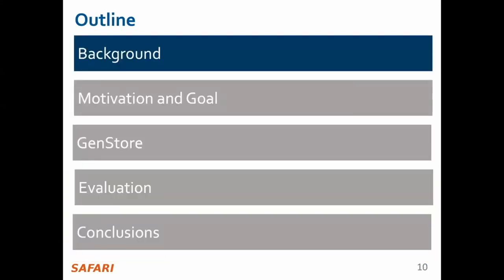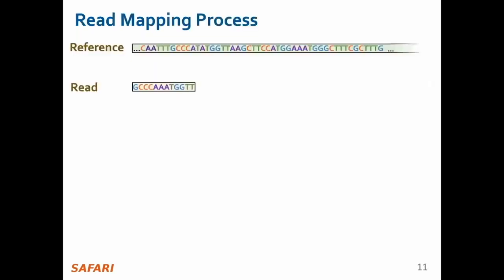Let's start with a deeper background on read mapping so that we refresh our knowledge on it, since I know that we've covered the background already in the lecture. So we refresh our knowledge on read mapping and then we can dive into this talk in more detail. Mapping reads to the reference genome requires expensive computation on large data sets, and the search space in the reference genome can be very large.